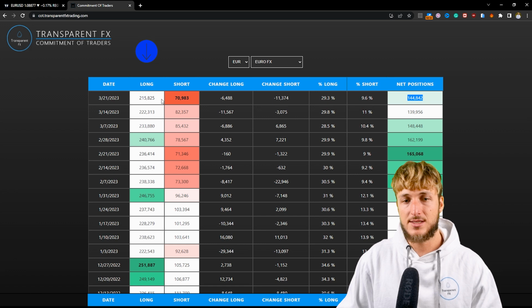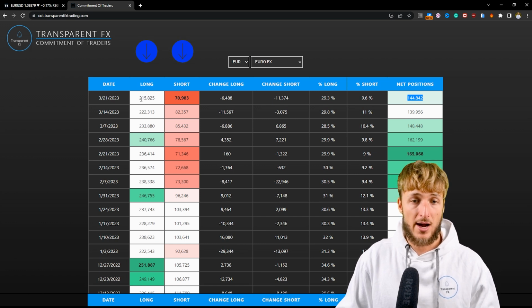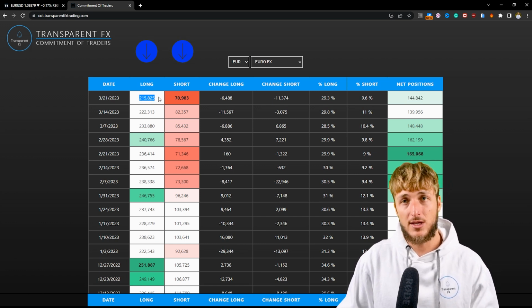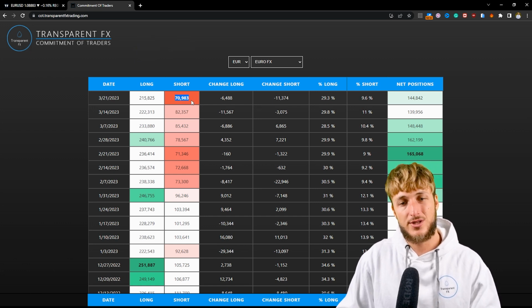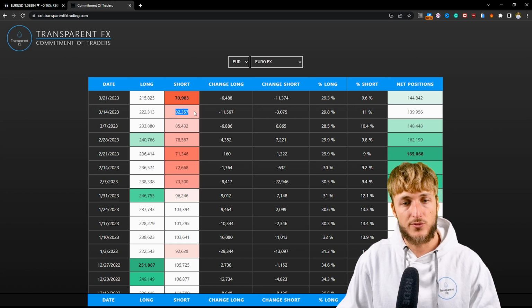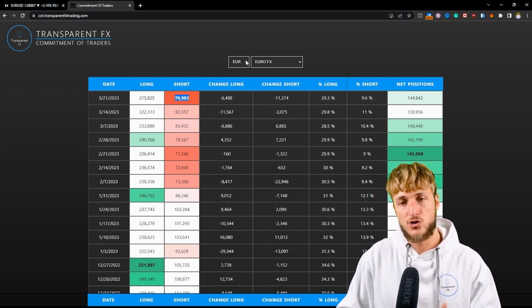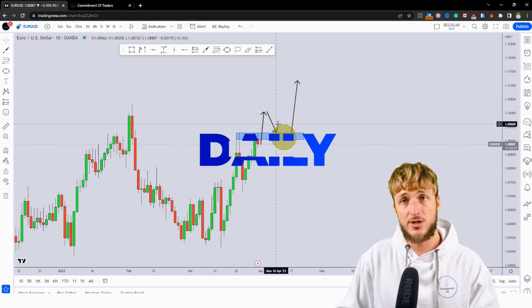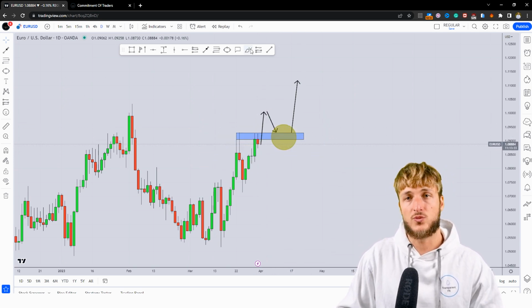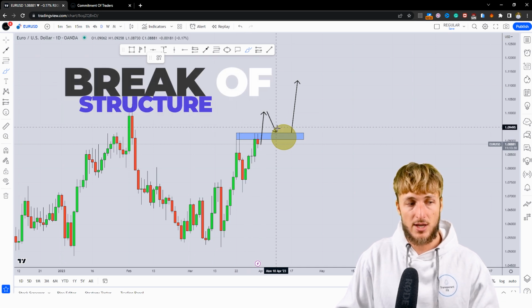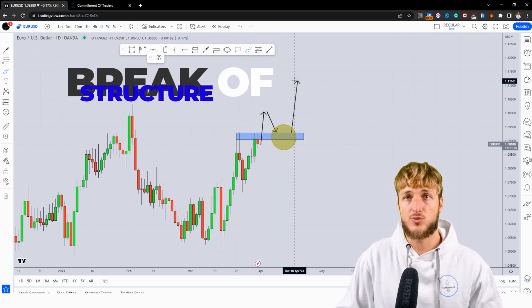In fact, we can see how longs are currently sitting at 215k from an institutional perspective, with only 70k shorts that also got decreased even more with the last report going from 82k to 70k. So the euro is actually getting quite strong, which increases the probabilities that if we get a break on the retest, we could have a potential rejection higher. So if we do get a break on the retest, we could be approaching this potential move to the upside.